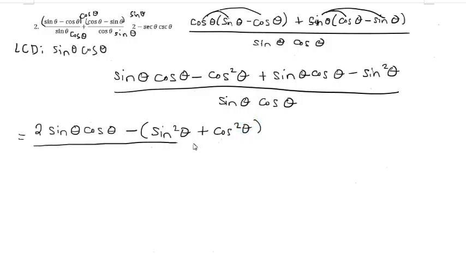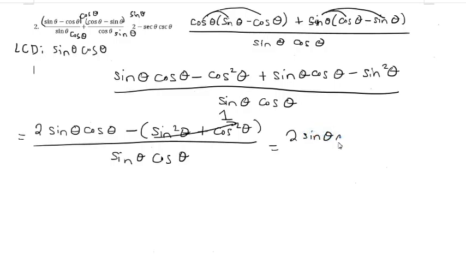I did that for a specific reason, because it matches a Pythagorean identity. So if you look at this, this is going to be 1. So now we have 2 sine theta cosine theta minus 1 over sine theta cosine theta.